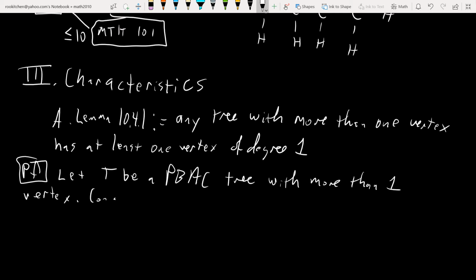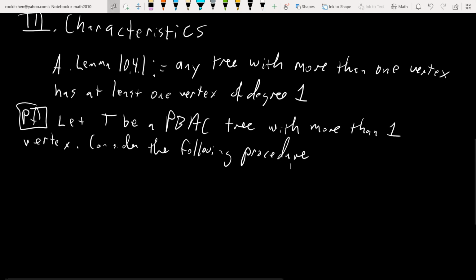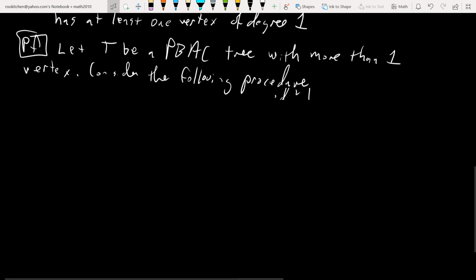So consider the following procedure, or if you'd rather, algorithm. Let's just number the steps. I'm not going to write "step 1, step 2," that's a bit silly.